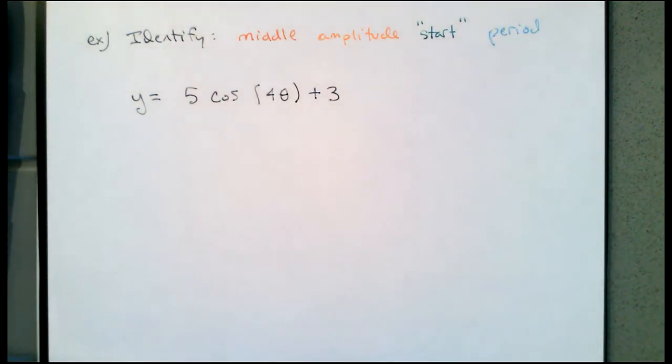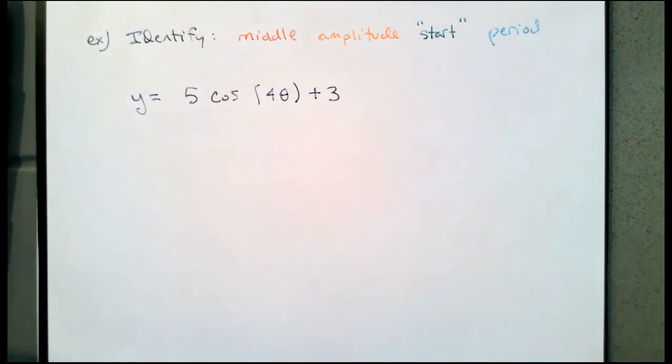I don't know why it took me so long to write that. I already knew I was going to use 5, 4, and 3. And I knew I was going to skip changing the start. Let's think of the function 5 cosine of 4 theta plus 3. Let's think about what each of these numbers do, and then use that information to figure out what the graph should look like.